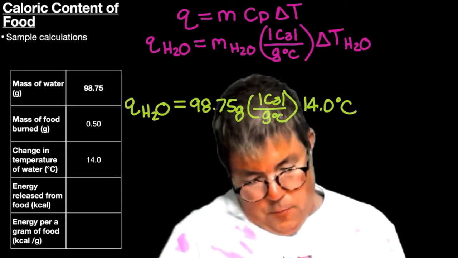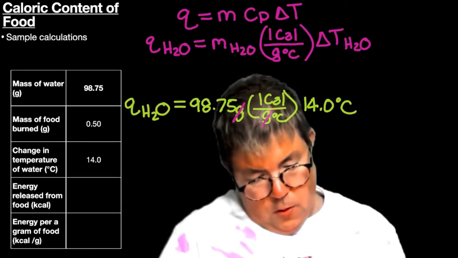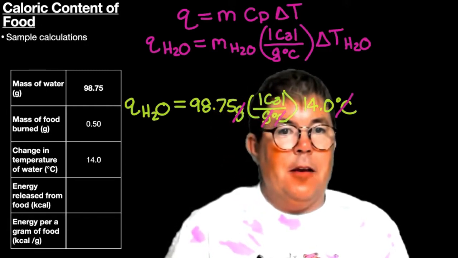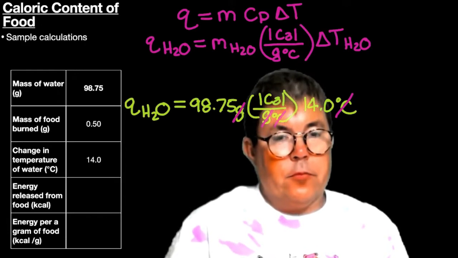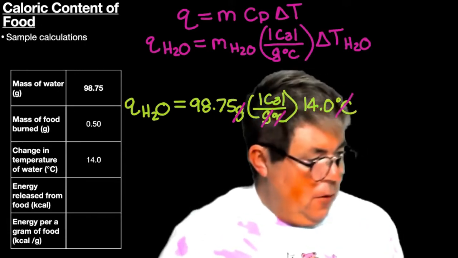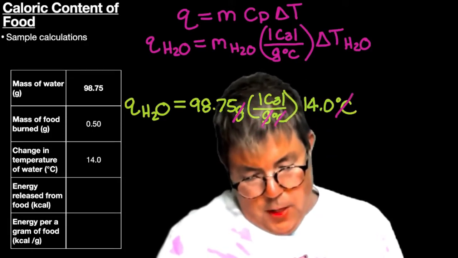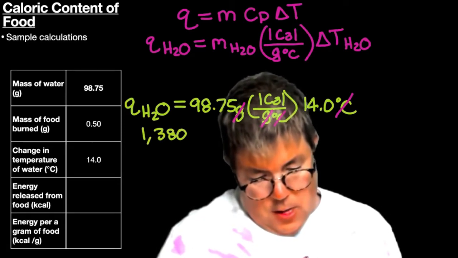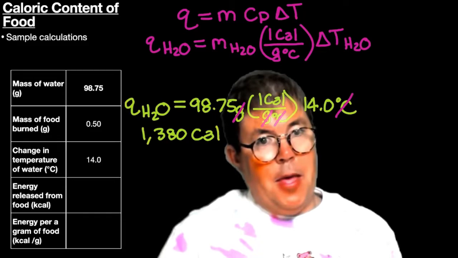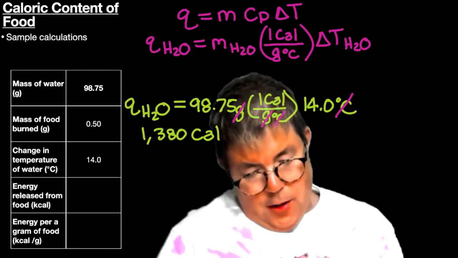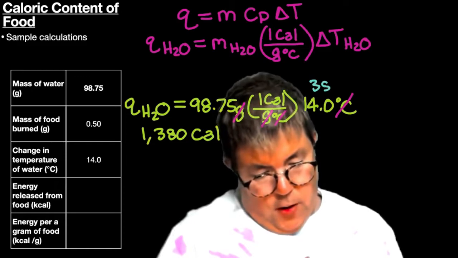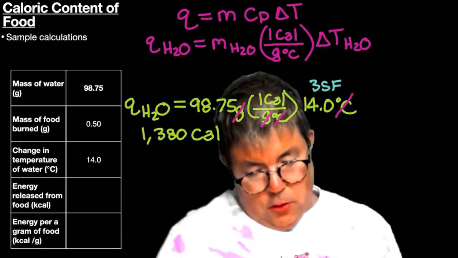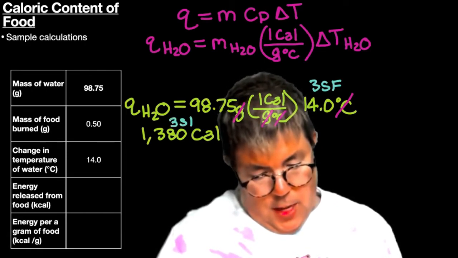Notice grams cancel, degrees Celsius cancel, so we are left with energy units. The answer is going to be 1,380 calories. Paying attention that there are 3 significant figures in the temperature, that is the weak link, making 3 significant figures in the answer.